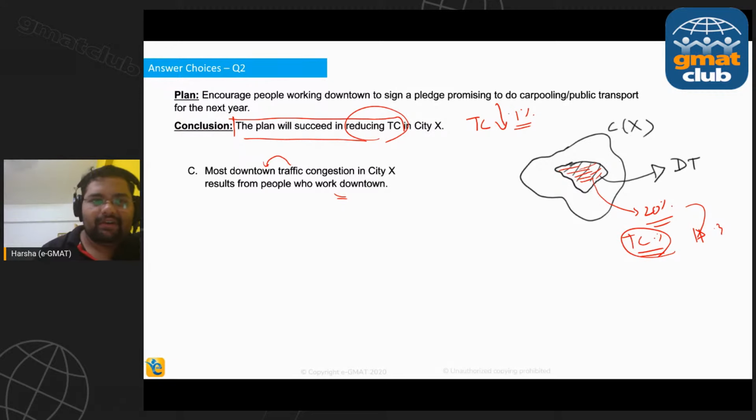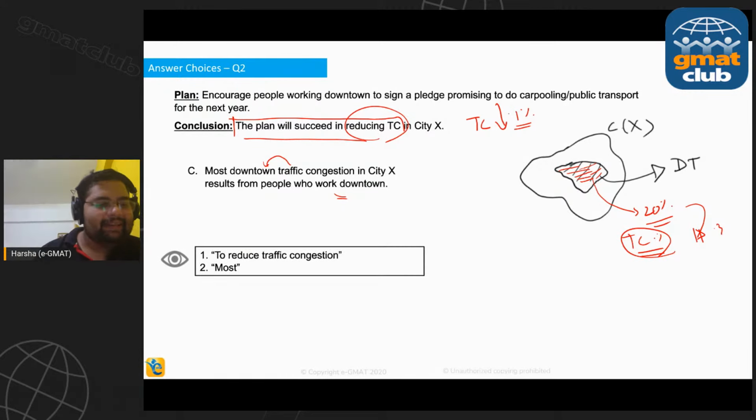So this choice does not really work. So those of you who chose choice C, tell me where you faltered. This is the most important point. What if you truly understand what reduced traffic congestion means, that even 1% peanuts is okay, then why do you need this "most"? Is it really required?